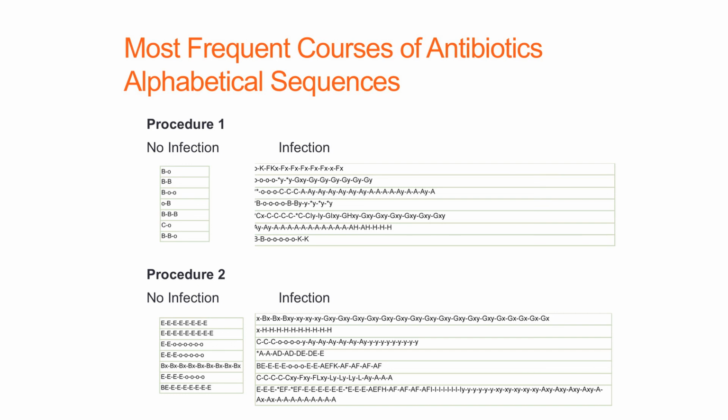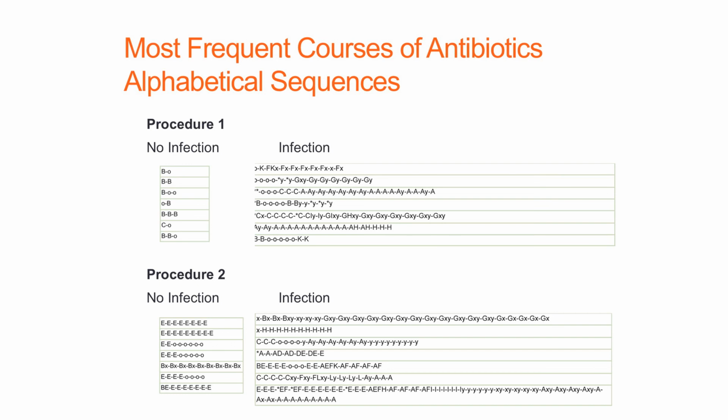Procedure 1 had a much shorter hospital stay and shorter course of antibiotics than the other. Small percentages of people with both of these procedures got infections. So using the same method and the same alphabet, we can see what their courses of antibiotics were.